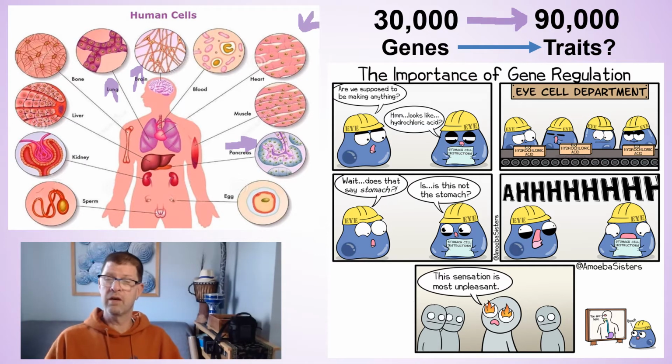And the funny here is it looks like what's going on is some cells that thought they were in the stomach are in the eyes, and so they're producing hydrochloric acid, which is something that's useful in the stomach, but not so much in the eyes. I don't know if that's funny or not, but it gives the impression that we might want to make sure that the right genes are turned on and off, that the right genes are expressed properly in different parts of the body.